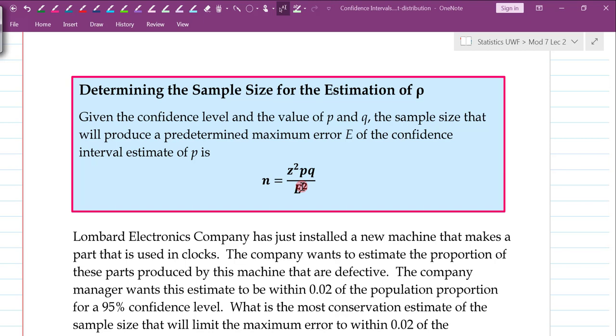Very similar to what we just did for estimating the sample size for our mean. Now we're estimating the sample size necessary to meet certain requirements for our proportion.